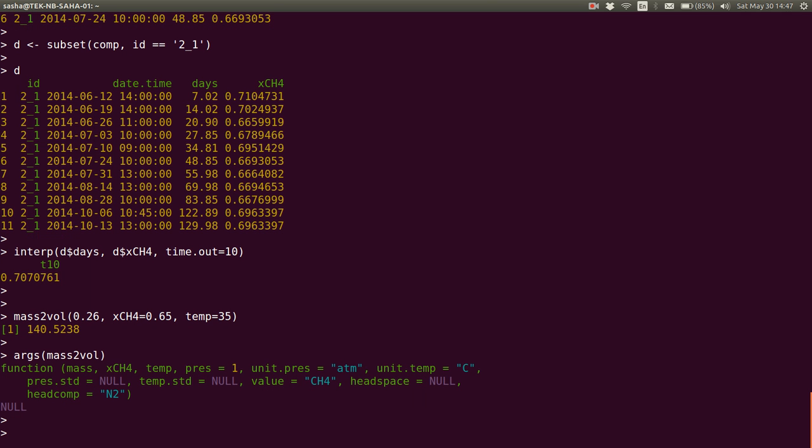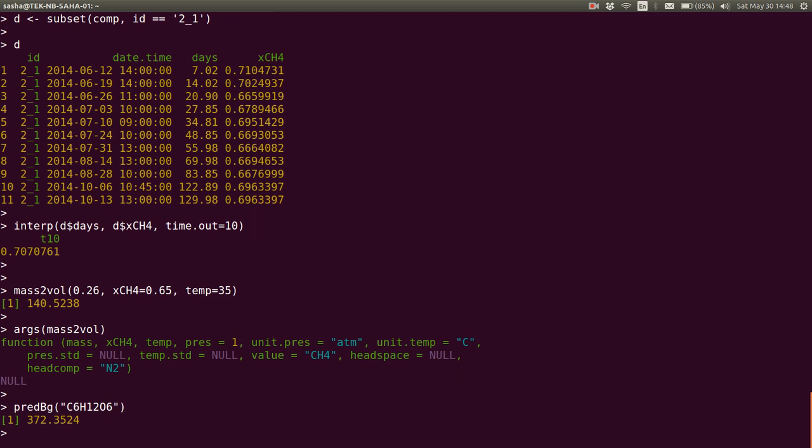The last function I'll describe here is predBG, and it can be used to calculate theoretical methane production based on a chemical formula or COD content. So for example, glucose has a theoretical BMP of 370 milliliters per gram.